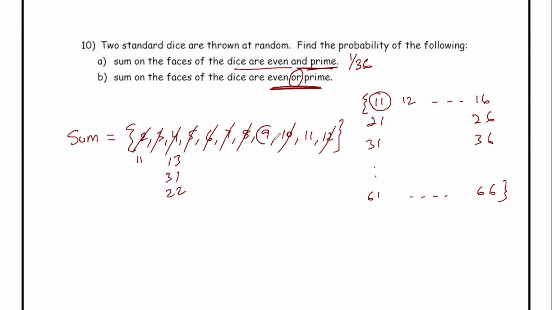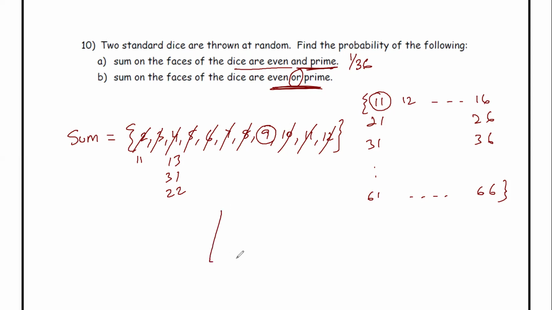7 is prime, 9 is neither even nor prime, and 11 is prime. So if you see, for the sum on the faces of the dice being even or prime, all the numbers are taken in the A union B set except 9.